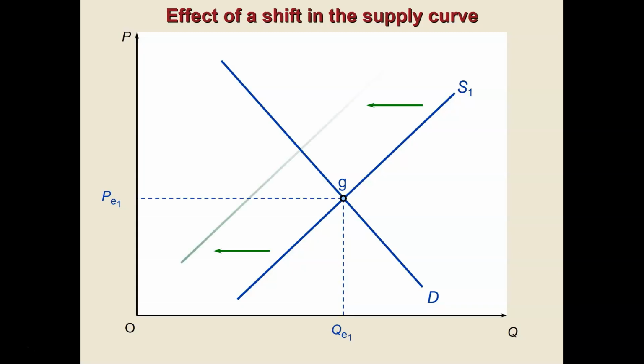Regardless of the reason, the supply curve shifts to the left, and the new supply curve is shown by this new green line S2. At the original price, PE1, there will be a gap between quantity demanded and quantity supplied. In other words, quantity demanded will be shown by this point G, while quantity supplied will only be determined by another point on the supply curve.